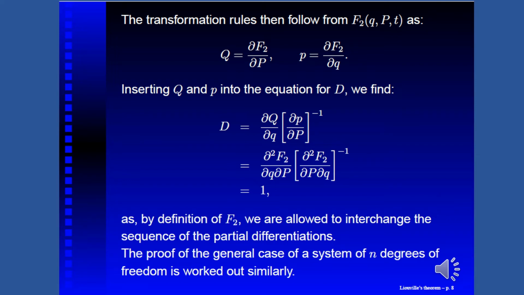Inserting capital Q and small p into the equation for capital D, we find that capital D is equal to partial Q over partial q into partial p over partial Q, modulus to the power -1, and by inserting the values, that is partial square F2 over partial q partial P into partial square F2 over partial P partial q, whole power -1, and by solving that gives that it is equal to 1. As by definition of F2 we are allowed to interchange the sequence of the partial derivatives. A proof of the general case of a system of n degrees of freedom is worked out similarly, and we get the answer for capital D equal to 1.